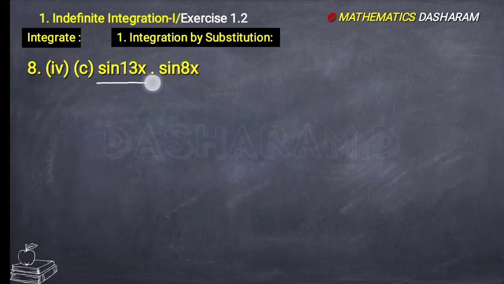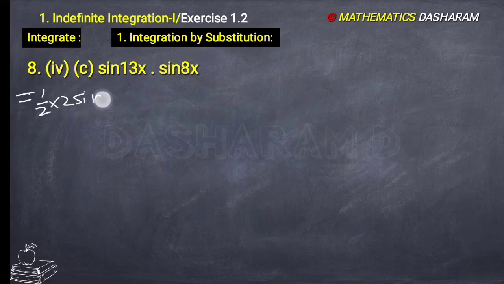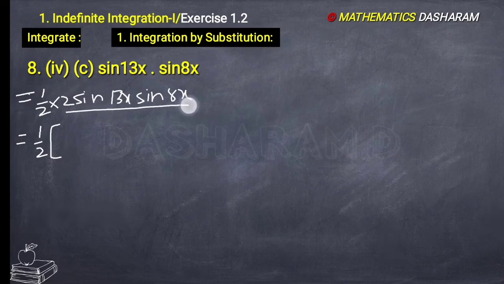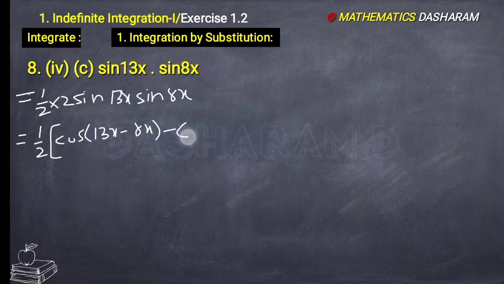C question, sin 13x into sin 8x. So multiply and divide with 2. Sin 13x into sin 8x is equal to 1 by 2 bracket of 2 sin A into sin B, it is cos A minus B minus cos A plus B. So cos 13x minus 8x minus cos 13x plus 8x.